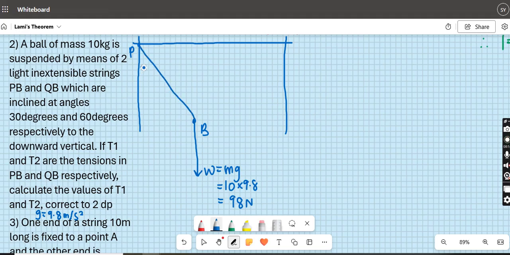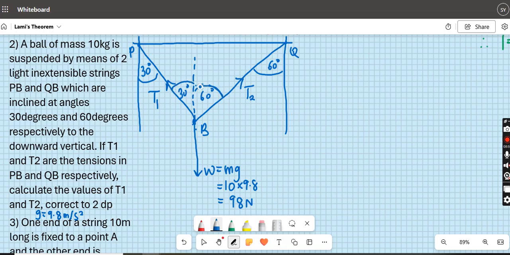So PB is 30 degrees to the vertical, and then this will be Q. Q is 60 degrees to the downward vertical. So we have our tension T1 for PB and our tension T2 for QB. Now again, we can have a vertical line extending from the W. Our alternate angles here will be 30 degrees and 60 degrees.